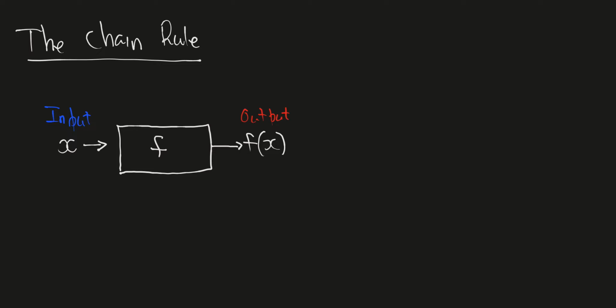So specifically, the x represents the input that goes into f, and then f of x represents the output from f, right? And that's really what a function is. It could be an equation. It could be something else. It could be some other type of process.